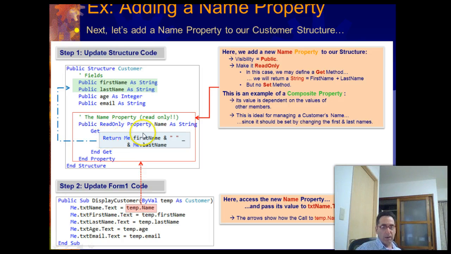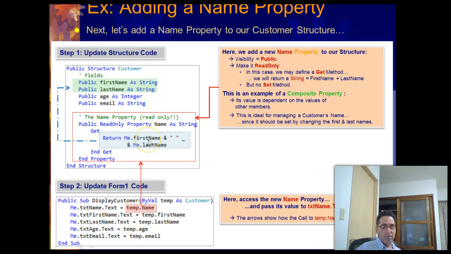That means when someone accesses this name property, what should they get? And we're going to define it. You have to have the return keyword there. And then me refers to the form.